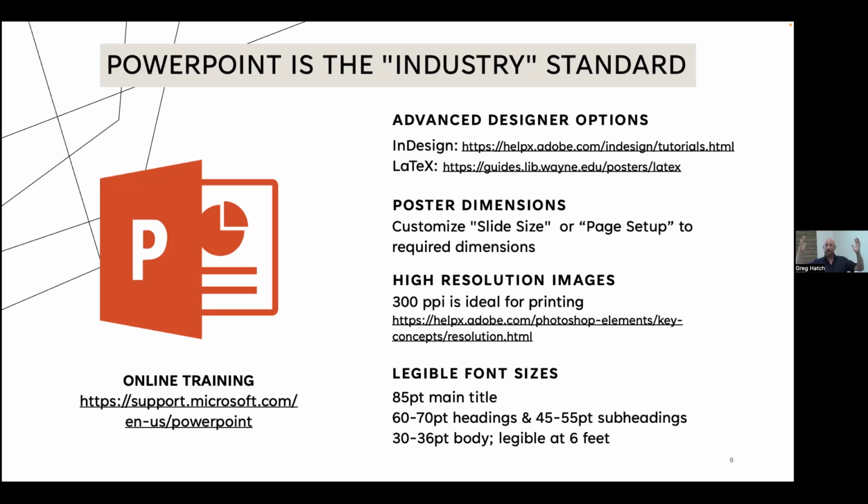But at the time that you then print it and you expand that multi-fold into a 3 foot by 4 foot poster or 2 foot by 3 foot poster, those images need to be able to stretch. And if you don't have a high resolution image embedded into your poster, it will end up pixelated. It will end up looking like polka dots and it will end up looking blurry.